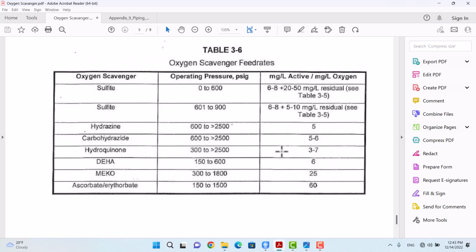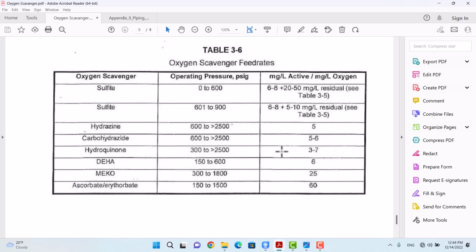But which of these is suitable for my application? Based on which criteria should I decide whether I should select hydrazine or DEHA for my application? Based on my experience, I've seen some petrochemical plants use hydrazine, some use carbohydrazide, and some use DEHA.